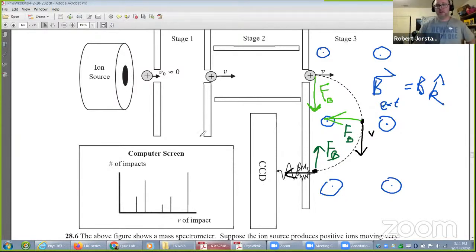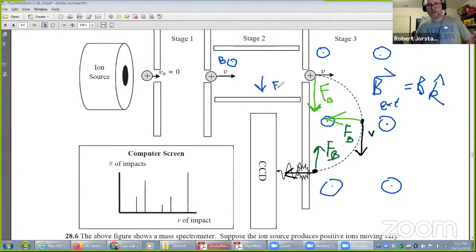All right. Well, let's work backwards. If I know the B field in here is out of the page, what direction is the magnetic force on this charge right in here that I'm circling? It's down? Yes. So this would have a magnetic force down.